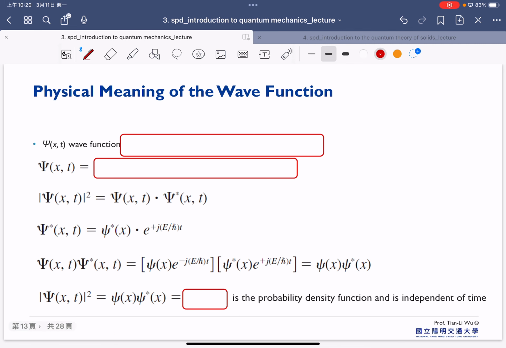And again, the wave function phi(x,t) describes the behavior of an electron in a crystal.